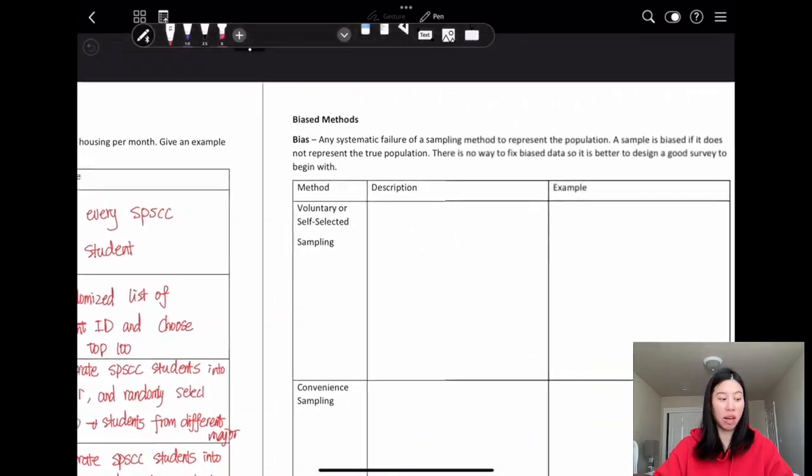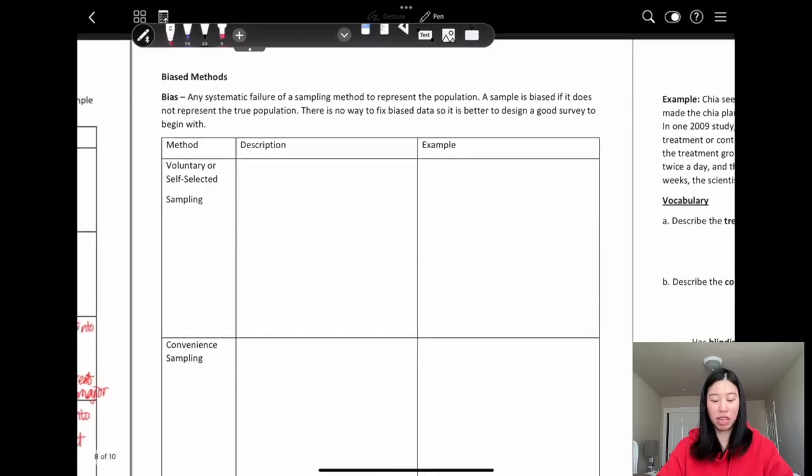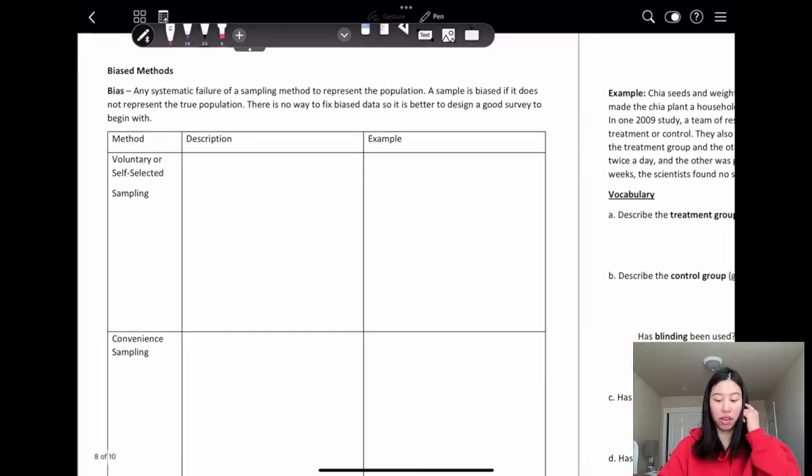And then there are some biased methods. Bias is any systematic failure of a sampling method to represent the population. A sample is biased if it does not represent the true population. There's no way to fix the bias afterwards, so it's better to design a good survey to begin with.